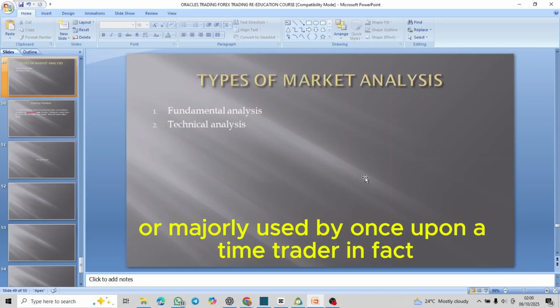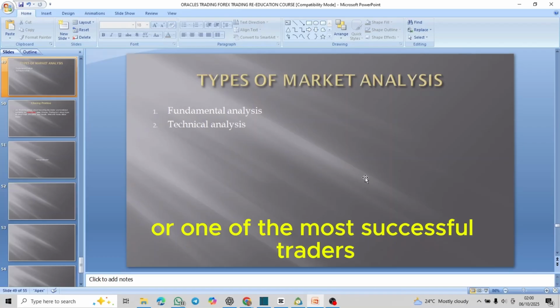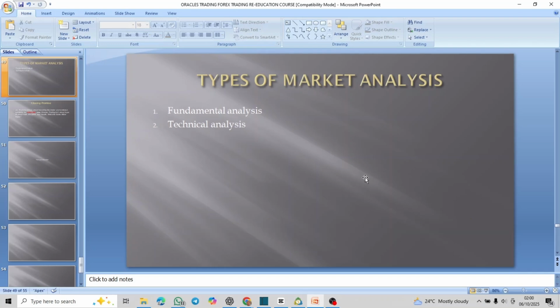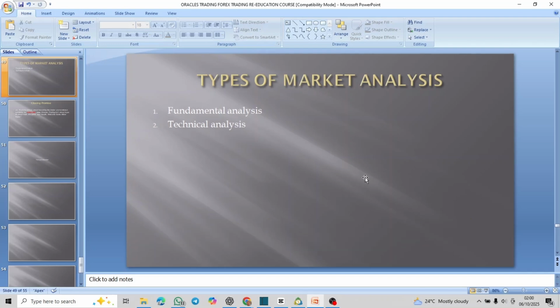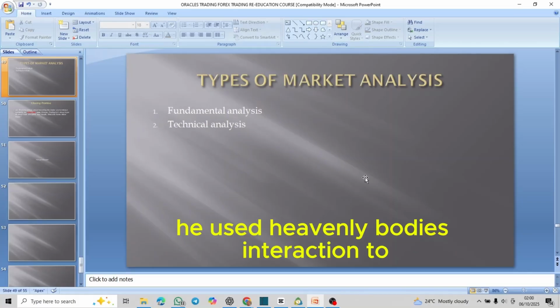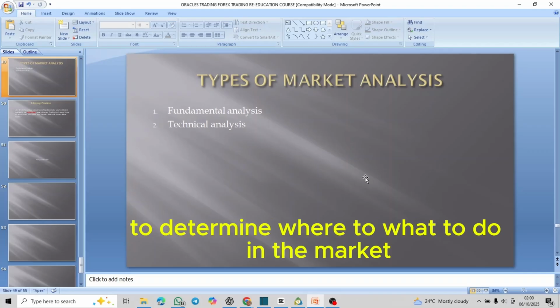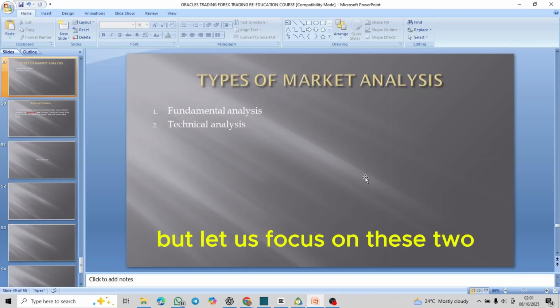In fact, a man reputed to be a guru or one of the most successful traders in the financial market, W.D. Gann. Based on his theories, he used heavenly bodies interaction to determine what to do in the market. But let us focus on these two.